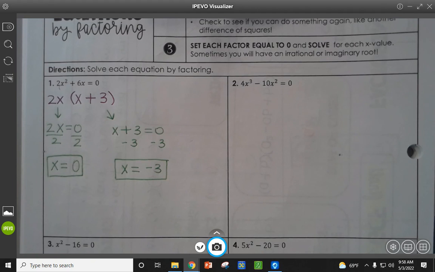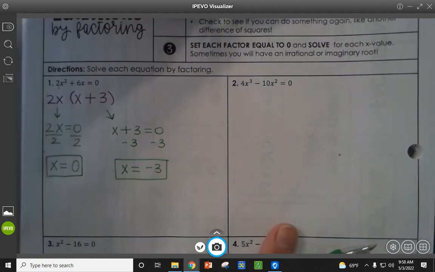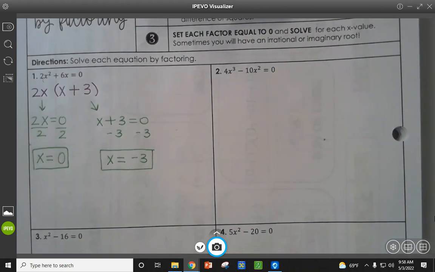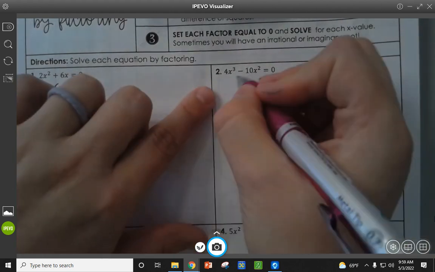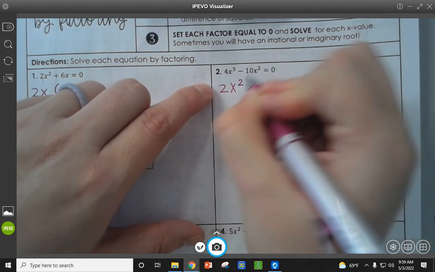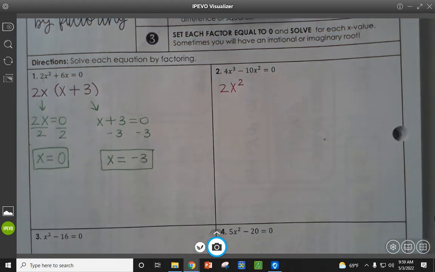Are there any questions? Number 2. Look to see if there's a GCF. Yes. What's the GCF? 2x squared. Good. So 4 and 10 are both divisible by 2, and they both have at least x squared.